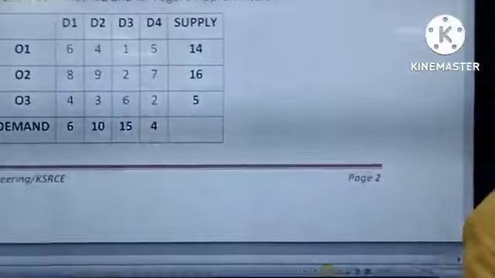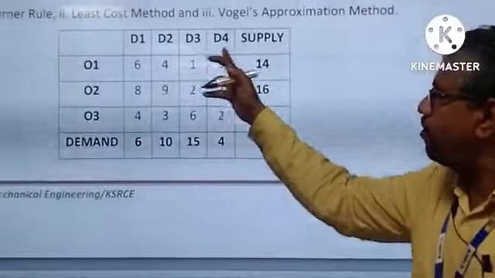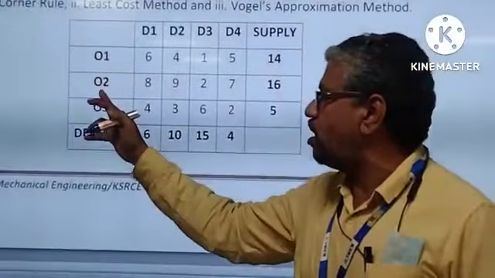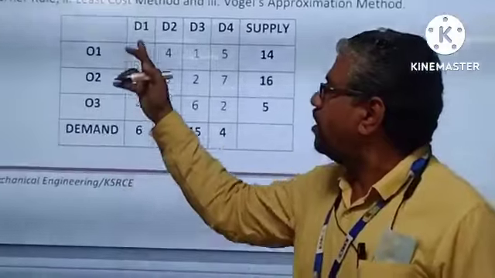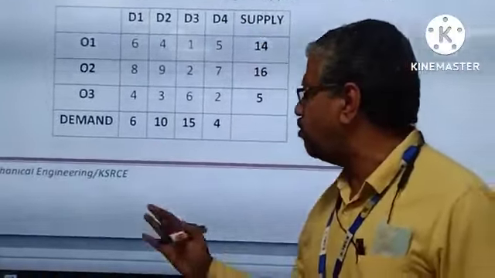So here, what is the demand for each destination? There are 4 destinations and 3 origins. O1 means origin 1, origin 2, origin 3. D1 means destination 1, destination 2, destination 3 and destination 4.